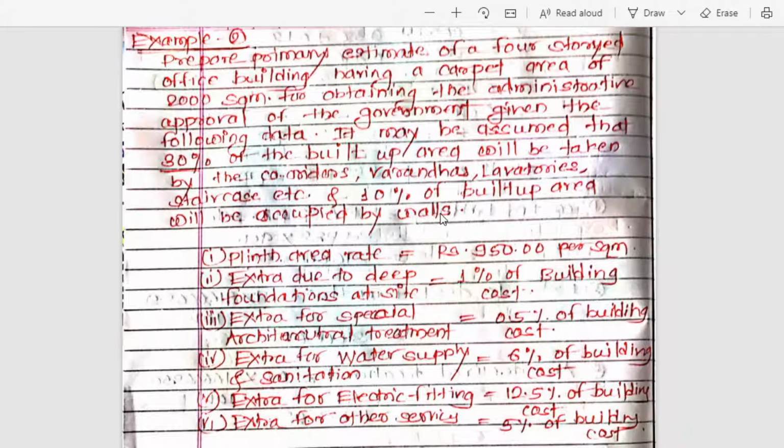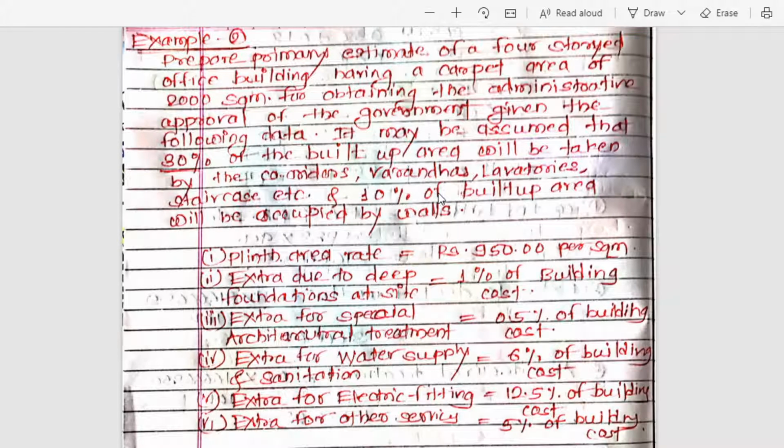Now see, in this problem they have given what? They have given the carpet area, okay? 200 square meter, that is your carpet area, and they have given 30% of your total area is circulation area of your built up area, and 10% area is required for walls of your building of the built up area.